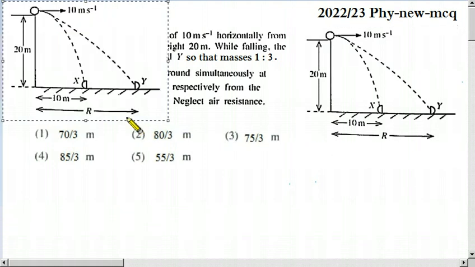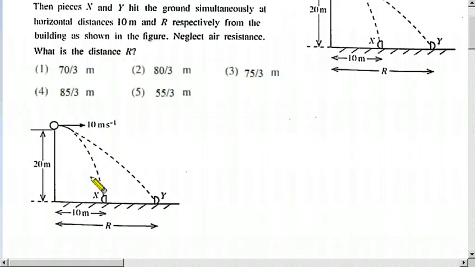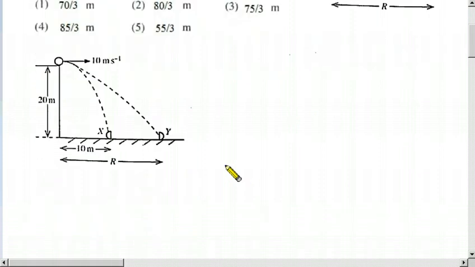So let us get a copy. So as previously, let us find out the time first. This time for the first piece we calculate downwards.